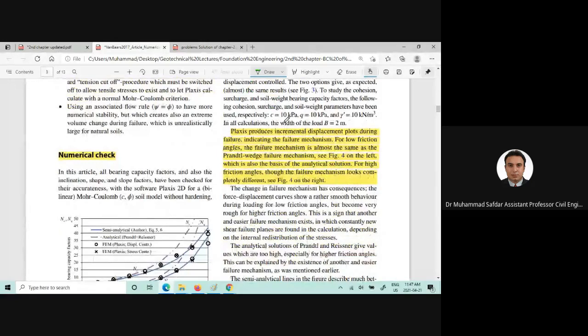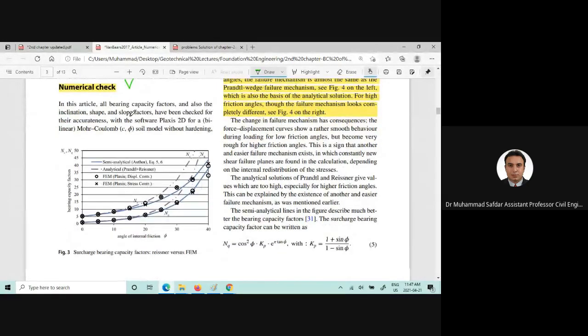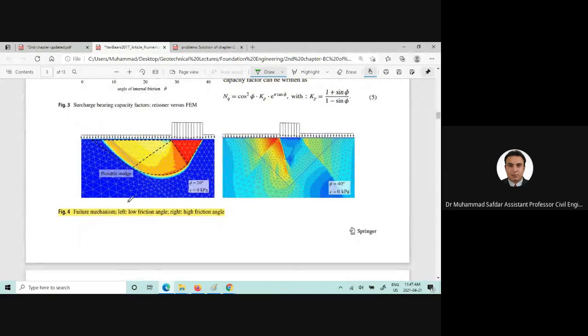Different failure mechanisms can be investigated using numerical analysis. So we give certain parameters to the soil, and then we see how the stresses are transferred into zone 1, zone 2, and zone 3.